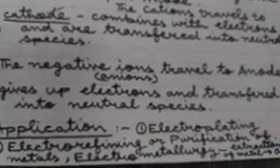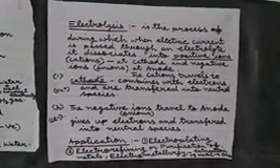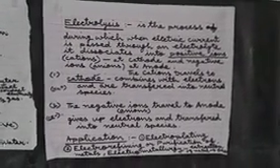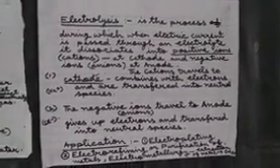Whereas the anions travel to the positive electrode of the electrolytic cell, which is called the anode, and there they give up the electrons and are transformed into the neutral species. So this is how you can explain the process of electrolysis. I hope you have understood how the process of electrolysis takes place.